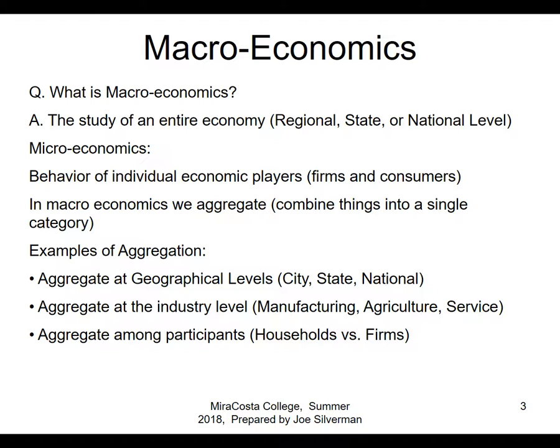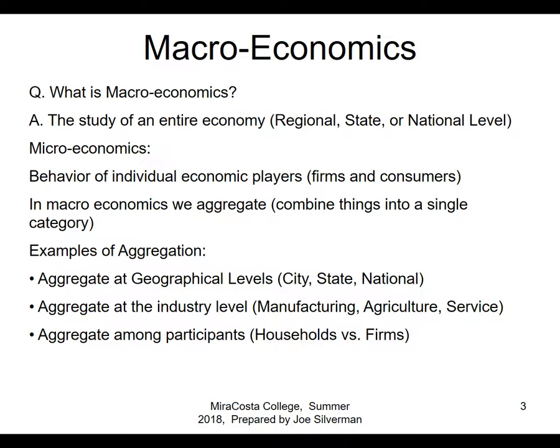So, for instance, if you were an economist, let's say working for the city or county of San Diego, you'd probably be aggregating data to the city or the county level because that's more relevant to you, right? You might be aggregating data on unemployment, or you might be getting that data from the Bureau of Labor Statistics, or you might be looking at the price of homes and things like that.